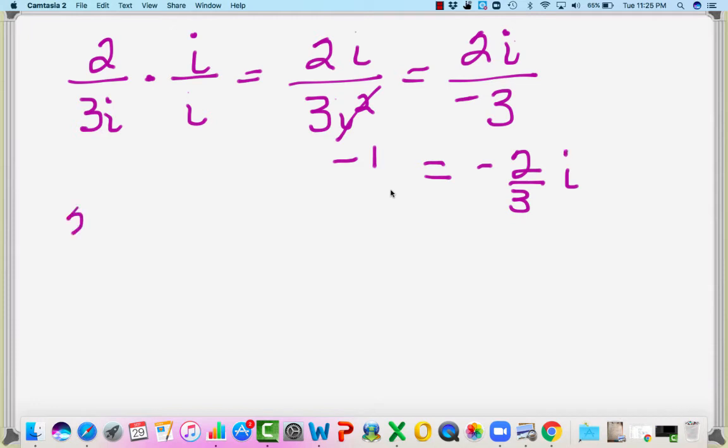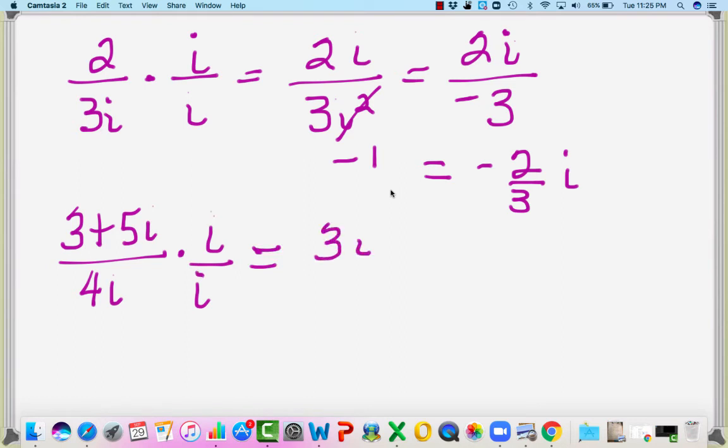If we had 3 plus 5i over 4i, I could multiply top and bottom by i, and that's going to give me 3i plus 5i squared over 4i squared.